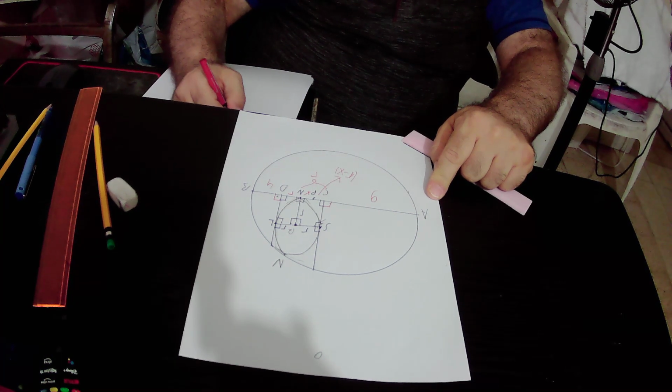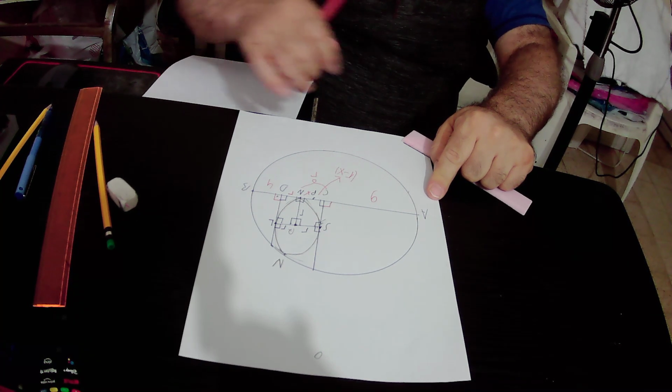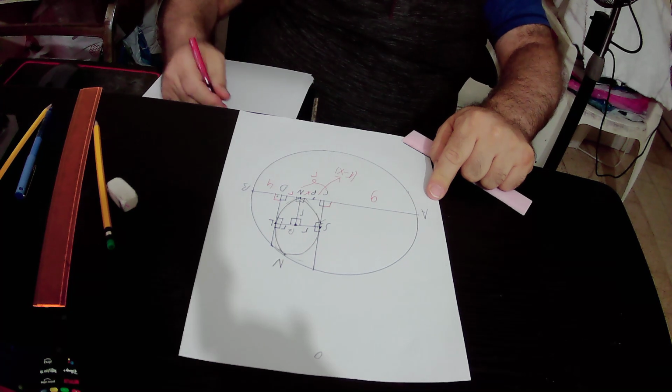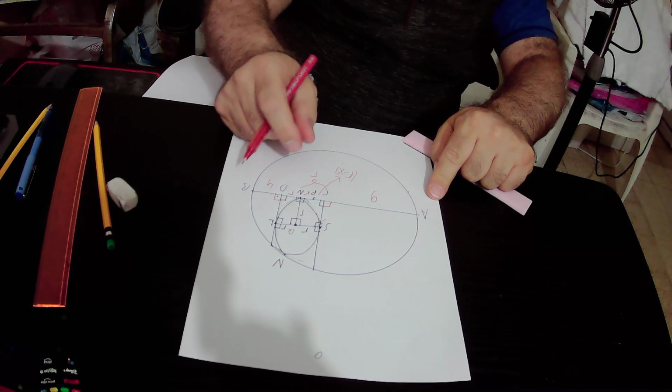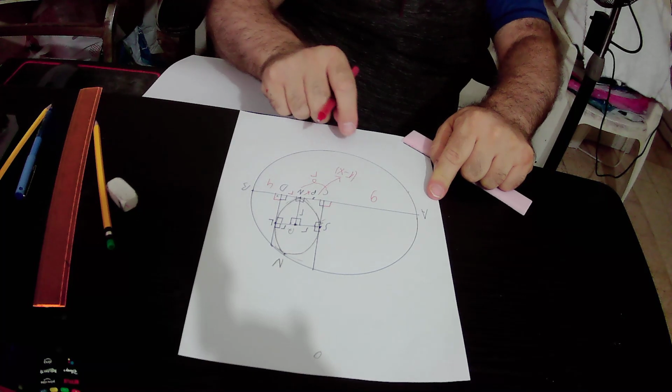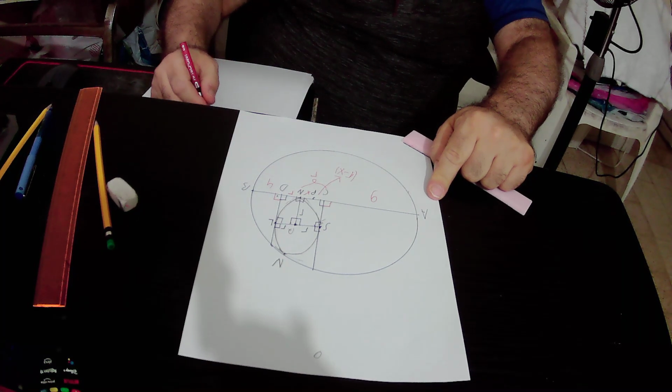AP is the radius of the big circle, and the radius of the big circle equals AC, that is 9 units, plus CP, and we have already found out that the value of CP is R minus x.